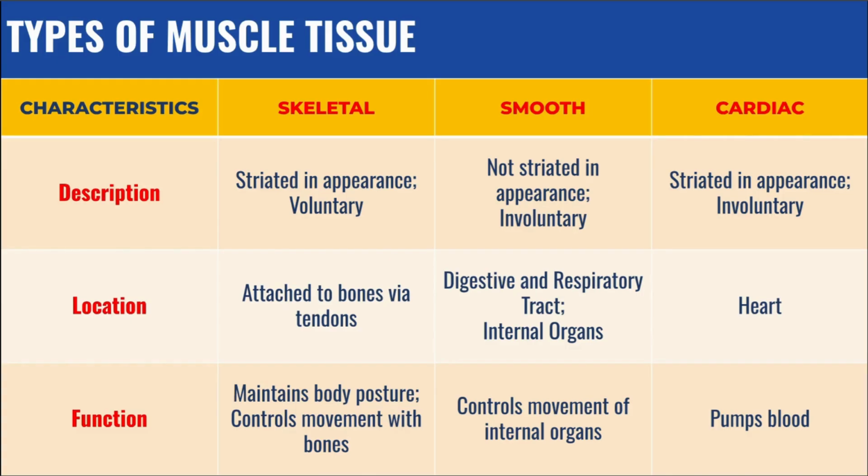Our cardiac muscle tissue naman, they are striated in appearance, pero compared sa skeletal muscle tissue, it's involuntary. So it moves on its own without needing to be commanded. It's present in the heart and pumps blood.